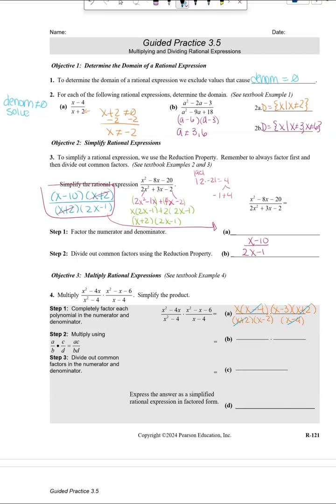So now we have x over x minus 2 times x minus 3 over 1, because there's nothing on the bottom, so we can just write that as 1. Now we can do the multiplication. This is going to be x times x minus 3 over x minus 2. That is the most simplified form, so you can copy it down again and be done: x times x minus 3 over x minus 2.